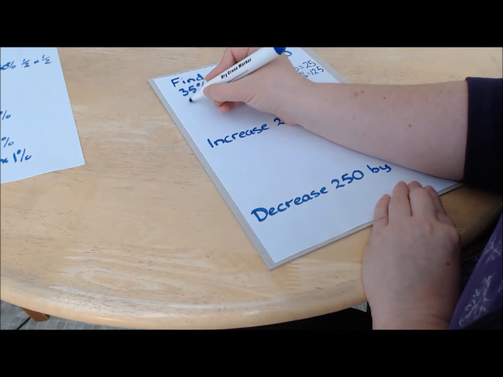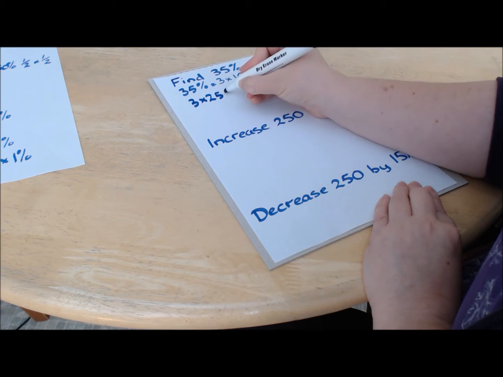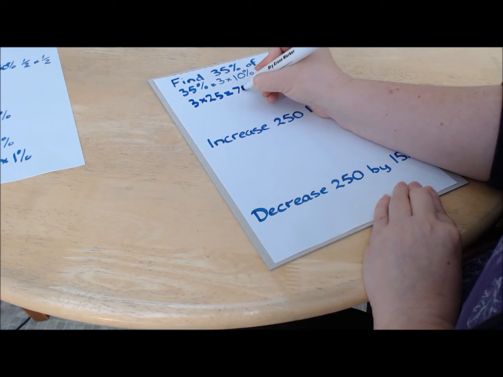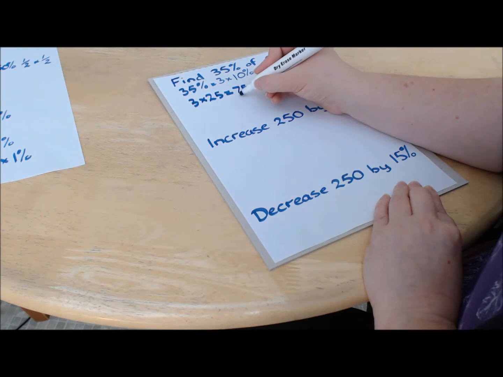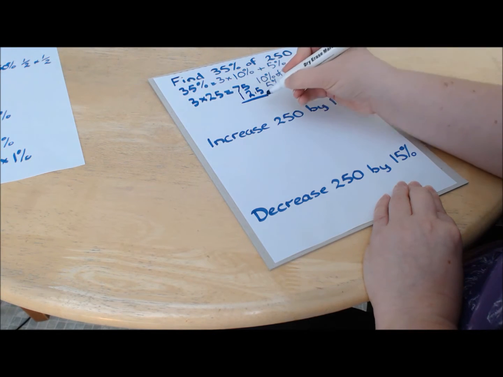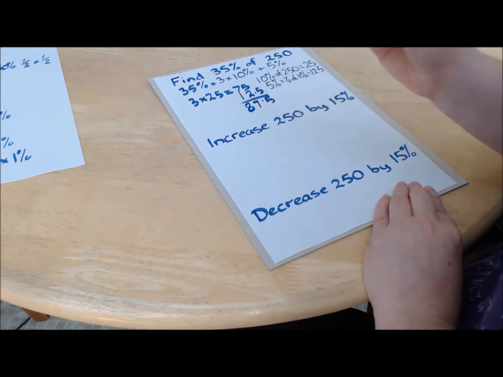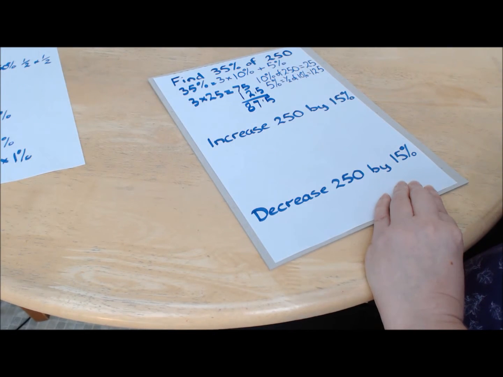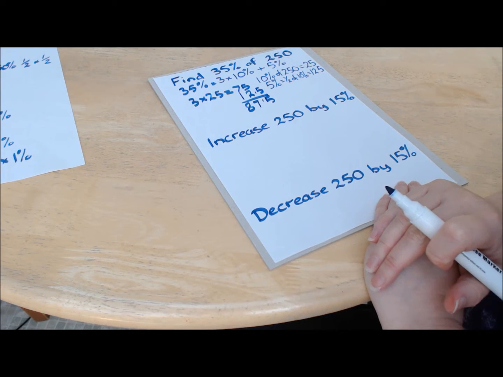I need 3 lots of 10%, so that's 3 lots of 25, which gives me 75, and I need to add on 5%. So I need to add on the 12.5 there. So if we add that on, you can see that we end up with 87.5 as our answer. So 35% of 250 is 87.5.